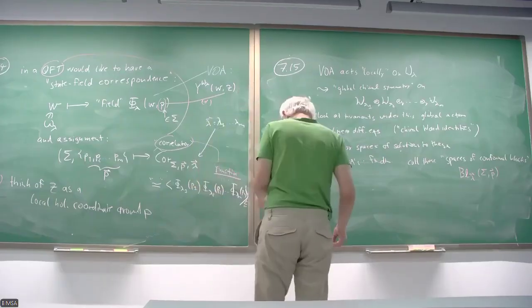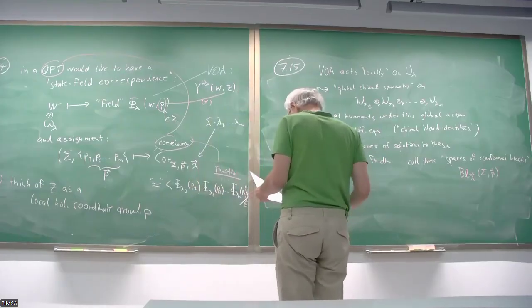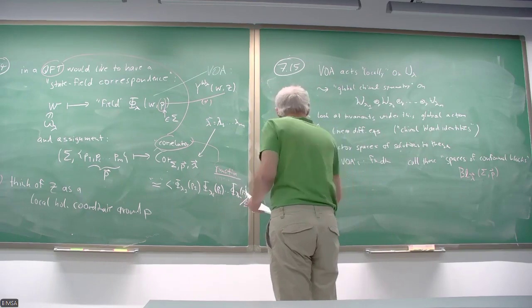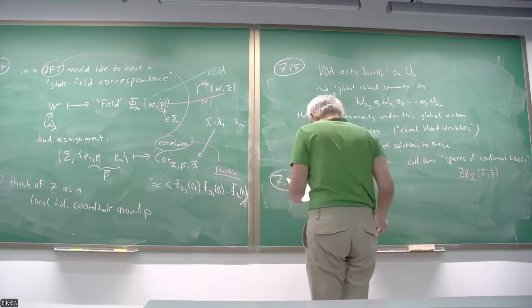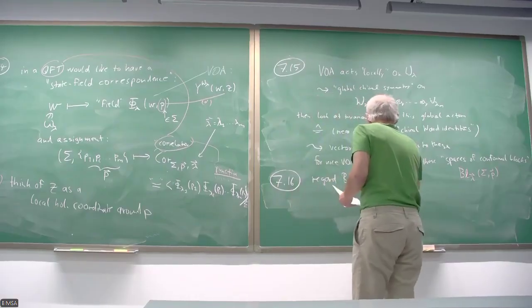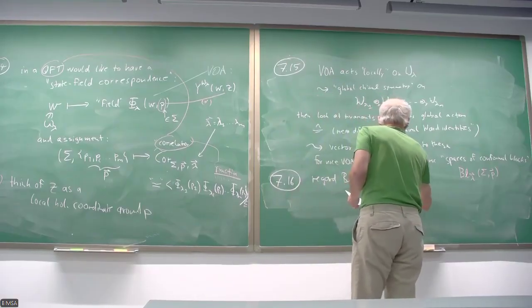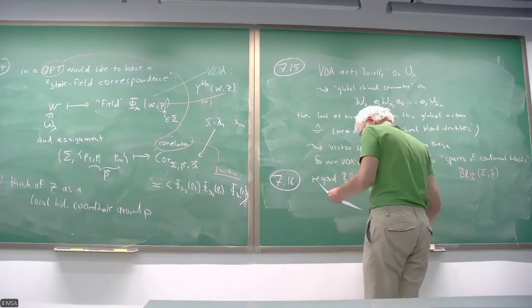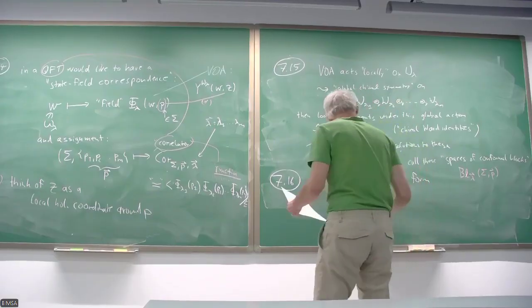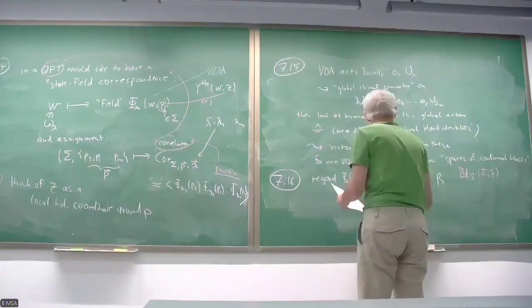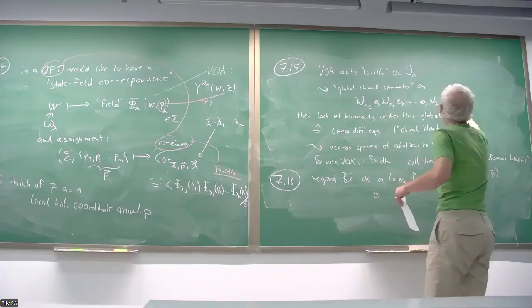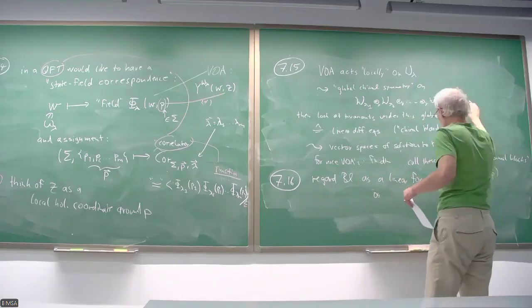But one thing one does in any case is that we regard these block spaces as a linear form, let's call it beta, on this tensor product, W lambda.